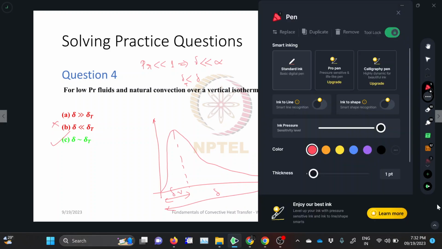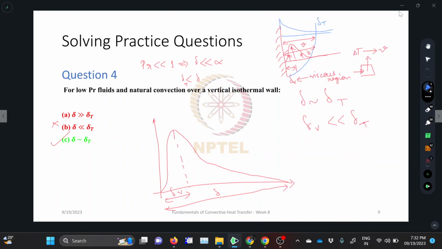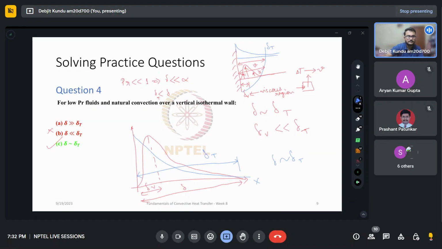And if we draw the thermal boundary layer, it will be something like this. This distance again we call delta T. This is X. So that's why delta would be comparable with delta T. Does that make things clear? Am I making sense here?